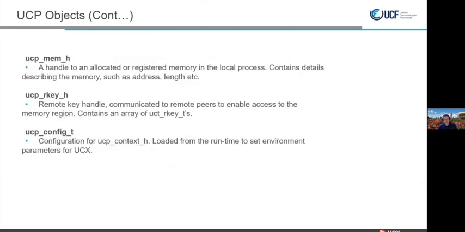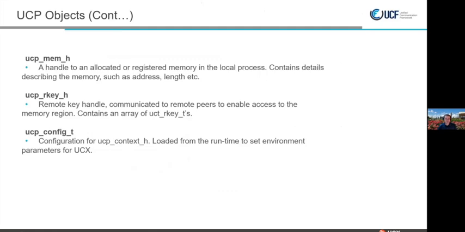Some more objects, and then we'll bring all these together. You have this idea of registered memory, so you have to allocate and register memory with the UCX middleware. This is referred to as the UCP mem object. This is an opaque handle that you operate on.